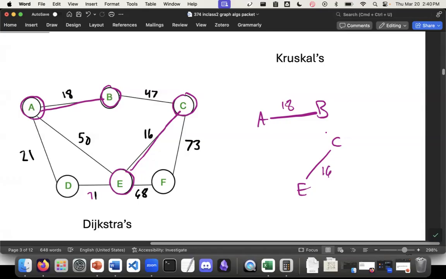What's the next smallest edge? 21. What's the next smallest edge? 47.